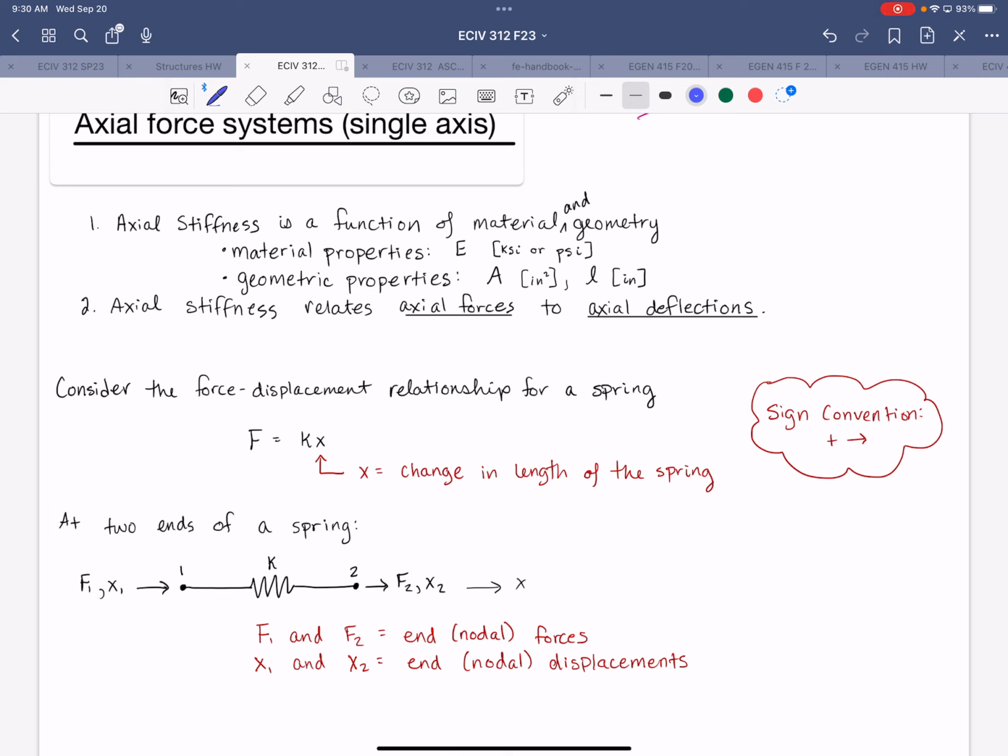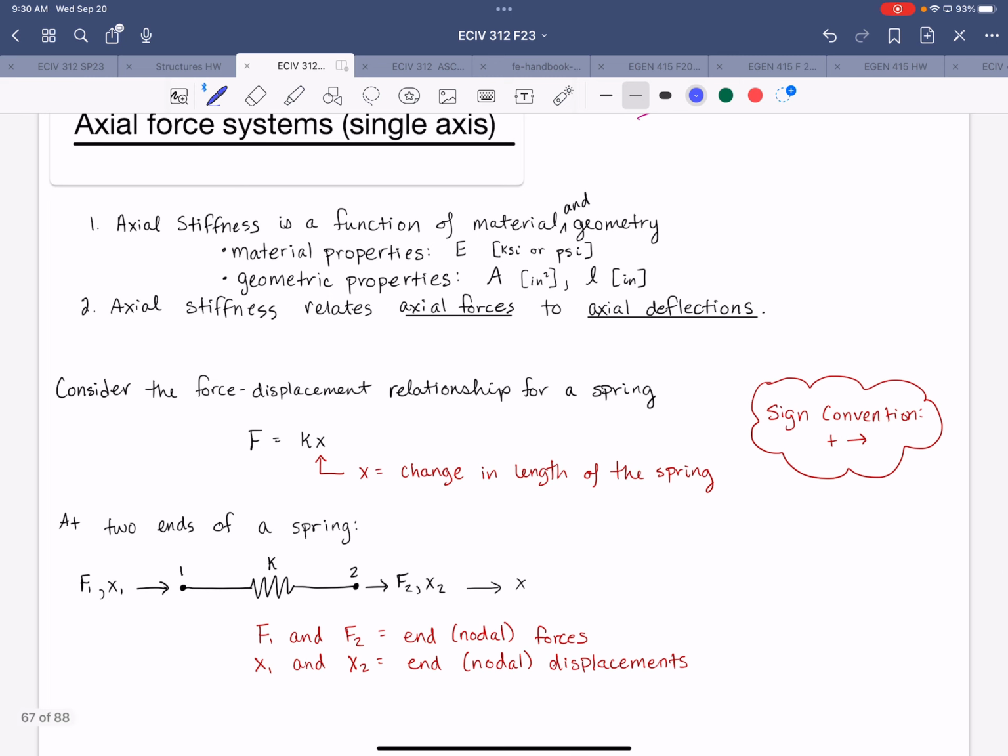As we noted earlier, axial stiffness in general is a function of material and geometry. But in terms of axial stiffness, the geometric properties that are relevant are the cross-sectional area and the length of the element. The material property that's relevant is always going to be Young's modulus.